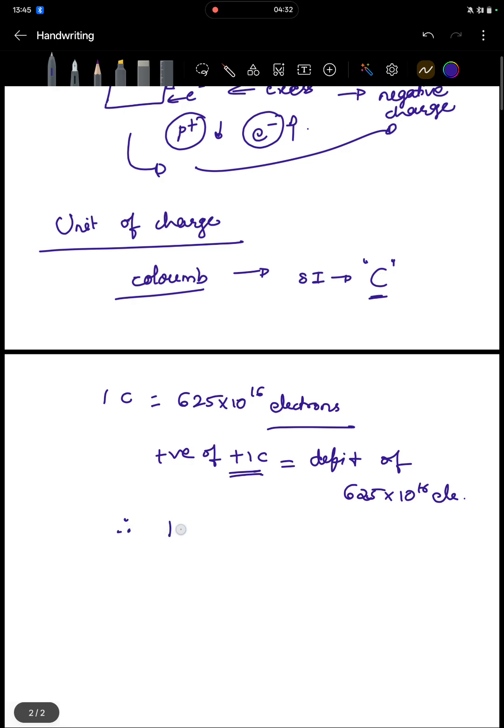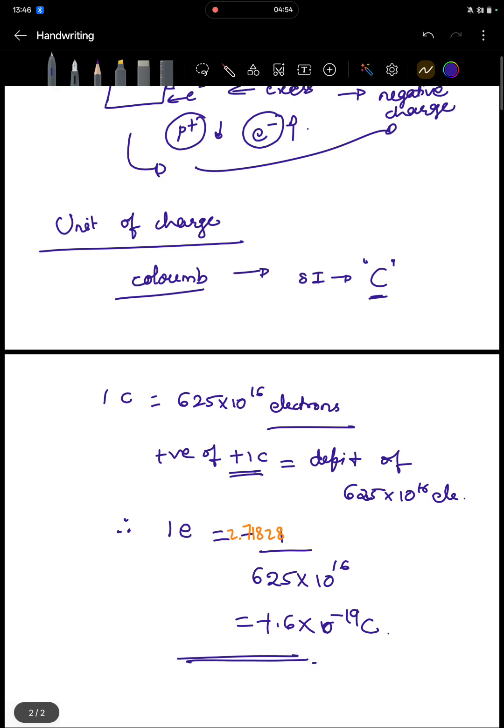Therefore, the charge on 1 electron is minus 1 divided by 625 into 10 to the power 16, that is minus 1.6 into 10 to the power minus 19 coulomb.